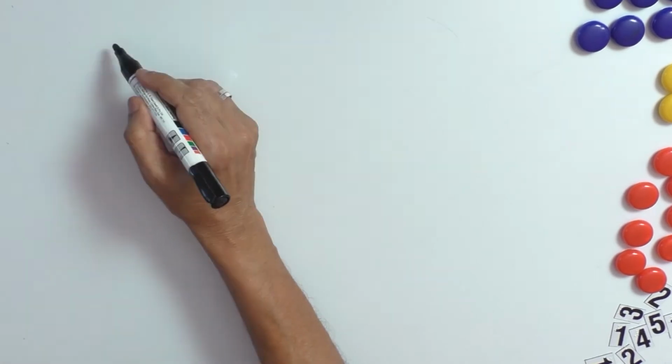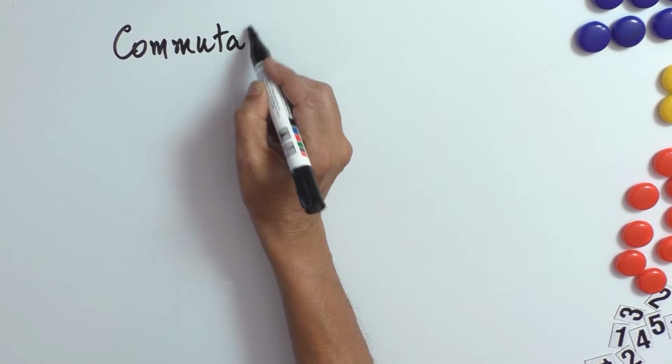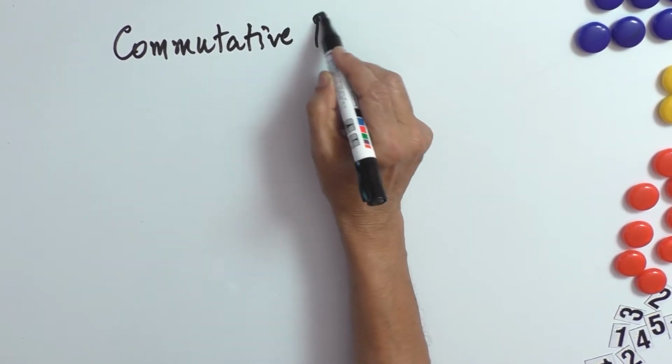First, let us define commutative property.